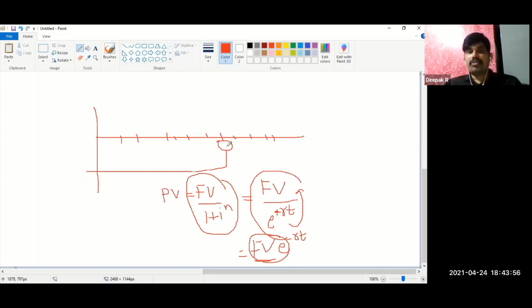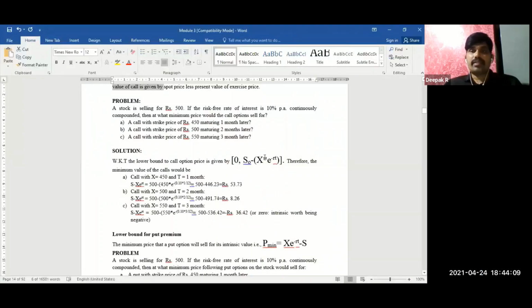So this formula helps you get the present value of the share today. If I want to go for the lower bounds, we are always interested in taking the present value of the exercise price. So the lower bound is today's spot price minus the exercise price into e power minus RT, where r is nothing but the risk-free rate.